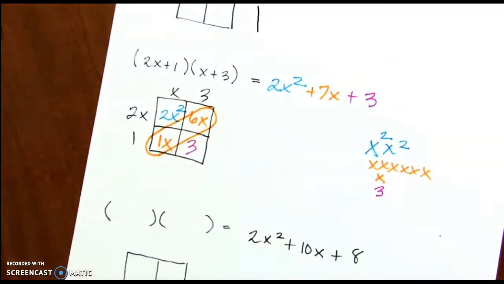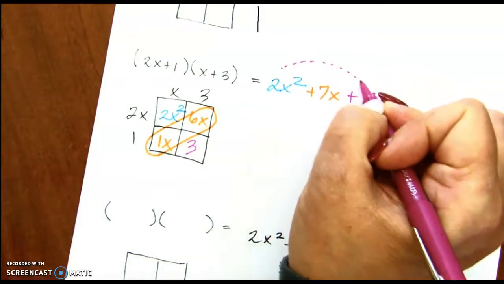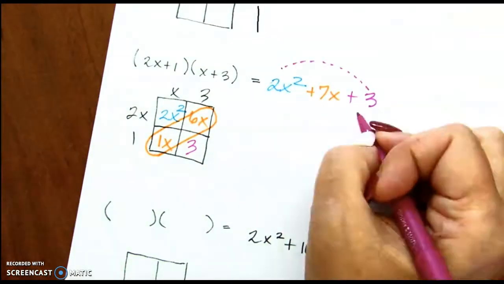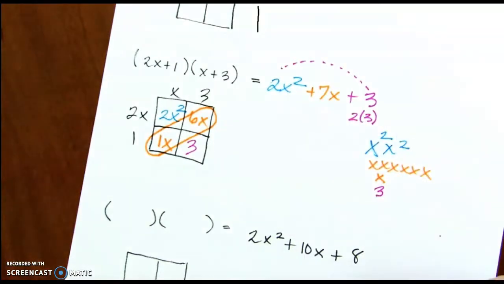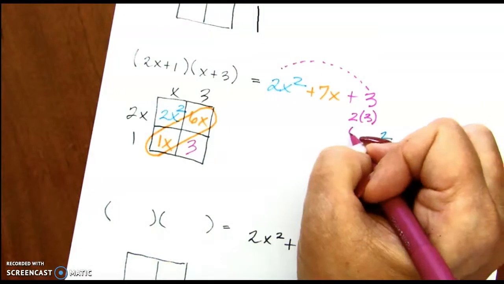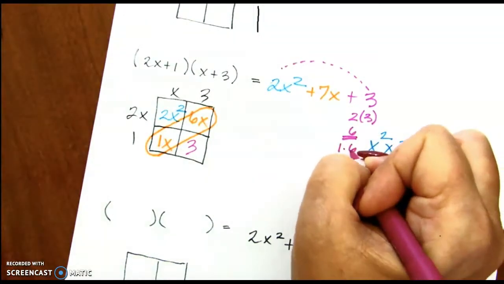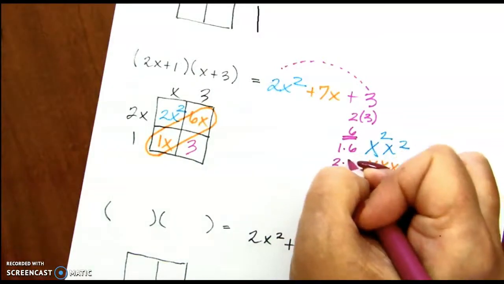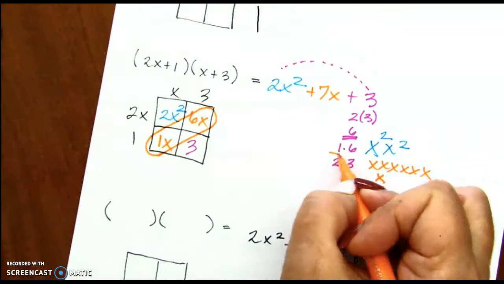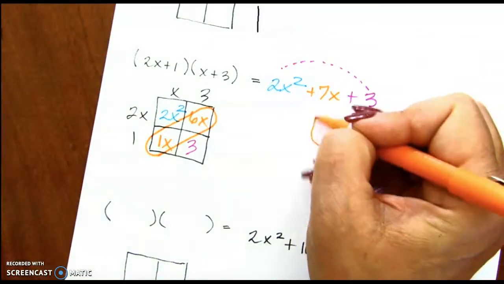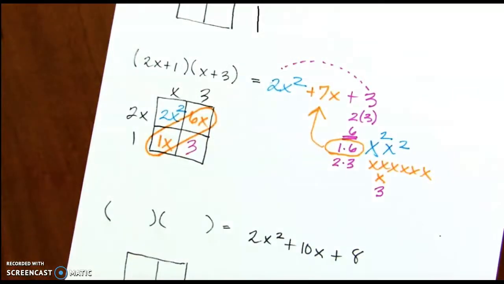So this time, if I were to go in reverse, I would have to double 2 times 3, which is 6, and then 1 times 6, and 2 times 3 are the factorizations, and 1 and 6 combine to make 7, which is exactly what we used. So let's try that going in reverse here.